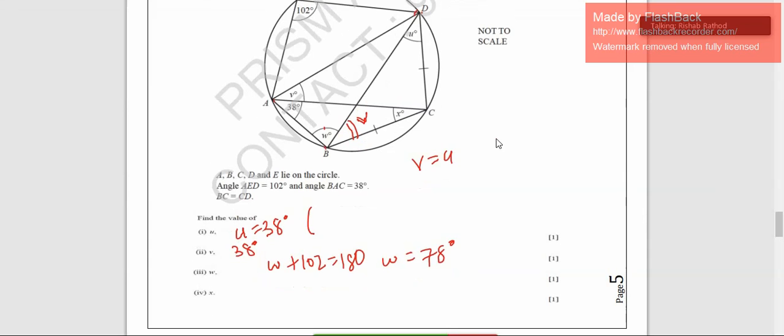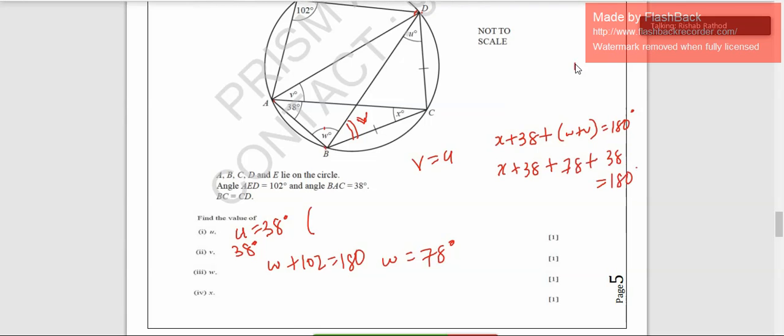Can I say X plus 38 plus this entire angle, W plus V, should be equal to 180 degrees. So X plus 38, W is 78, V is 38, is equal to 180 degrees.